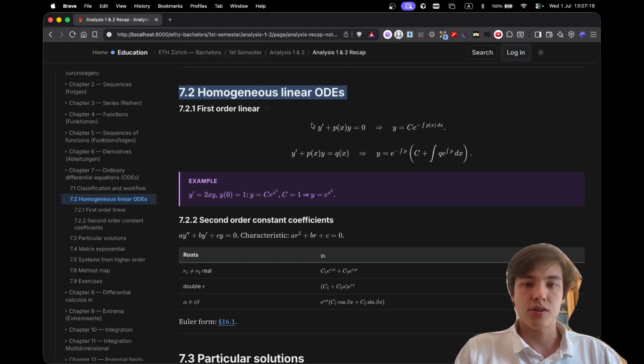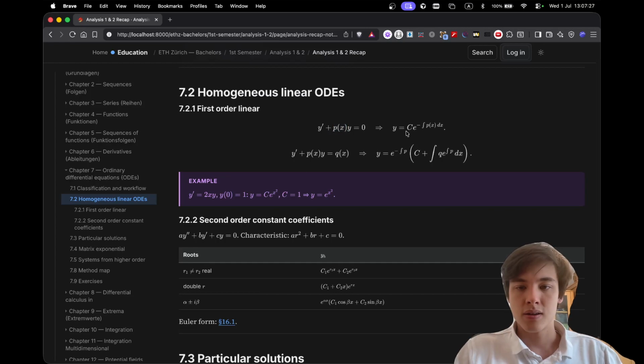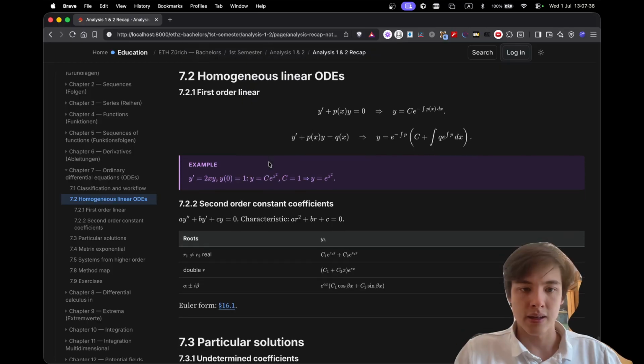If it's first order linear, then we can calculate an integrating factor, which is e to the power of the integral of p. Then we multiply this integrating factor with everything.